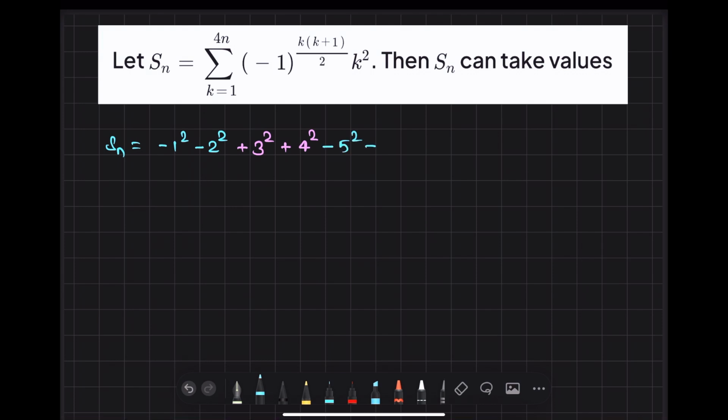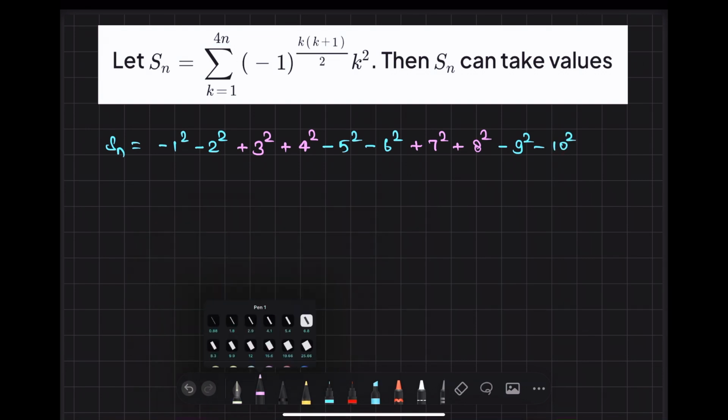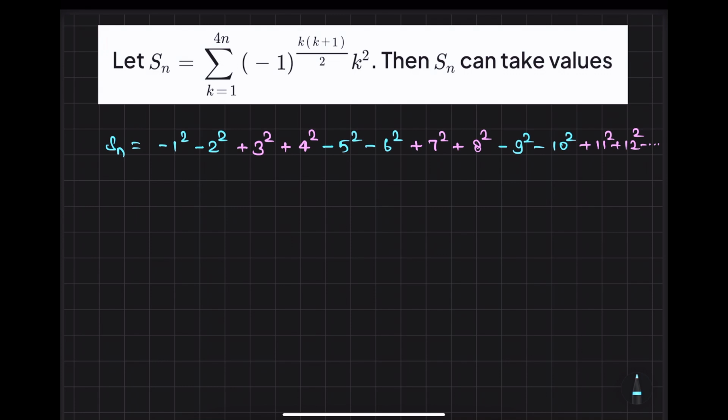Similarly, you will have minus 6 square, plus 7 square, plus 8 square, minus 9 square, minus 10 square, plus 11 square, plus 12 square, minus dot dot dot. Okay, so this way you will proceed. I have written some parts in blue color and some in a different color for better understanding.